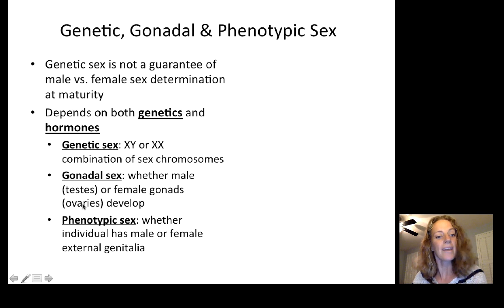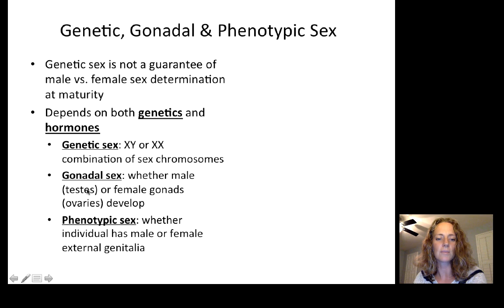Then it doesn't stop there. So just having testes or just having ovaries does not make you male or female. Those testes and ovaries actually have to function properly. So they actually have to produce the proper set of hormones, which creates the phenotype of external genitalia. So we have the genetics, which is XY or XX.